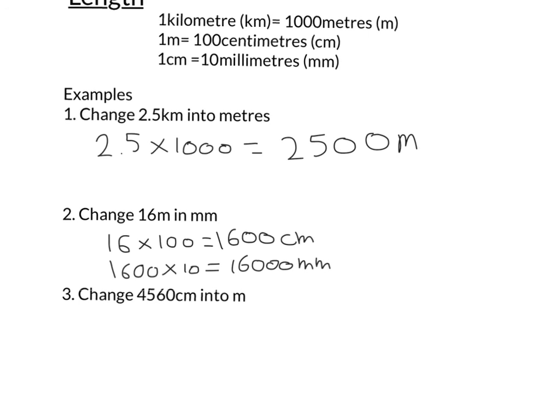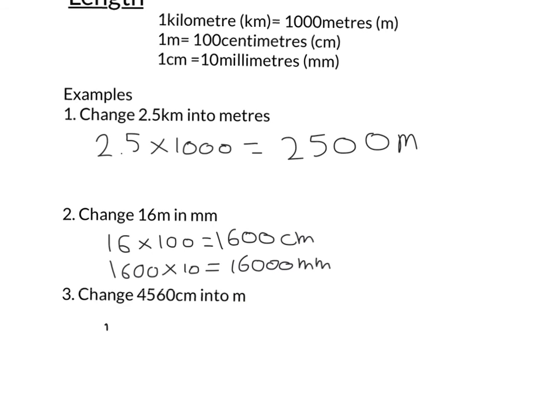Okay, in the last example, we have to change 4,560 centimeters into meters. Now we're going to a larger unit, which means the number will be smaller, okay? Because a meter is a bigger unit than centimeters.